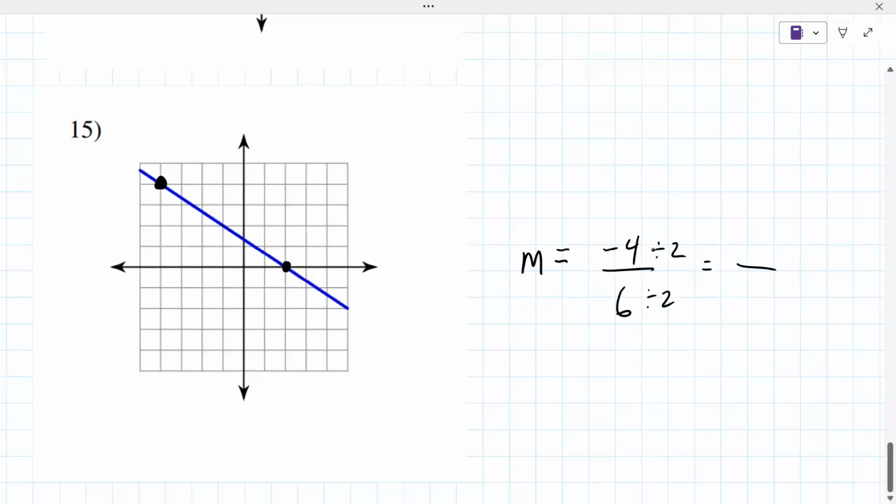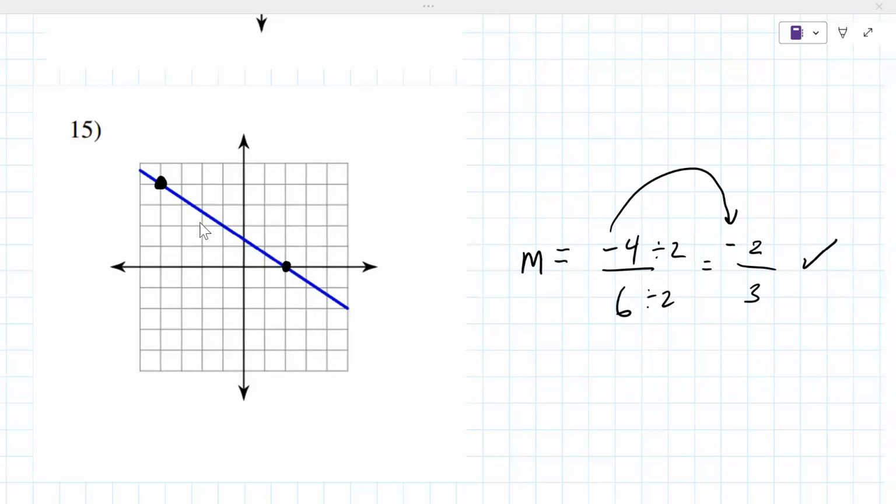What does that become? 2/3. What happened to the negative? Oh, -2/3. Sorry. Good, really good. Yeah, it comes with it. You can't just drop it off, even though maybe you want to. All right.